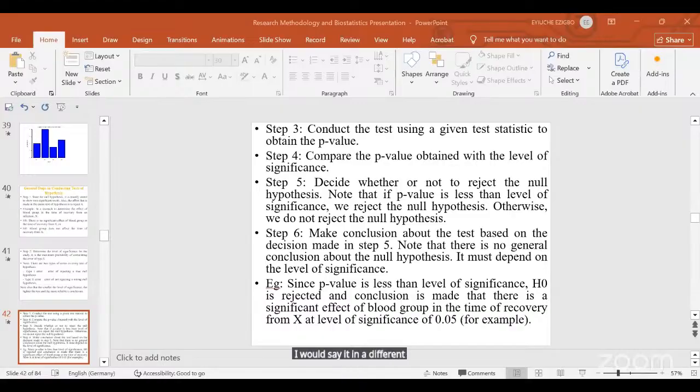If the p-value is less than the level of significance, it means there is significance, which is in favor of the alternative hypothesis. But if the p-value is greater than the level of significance, it means there is non-significance, which is in support of the null hypothesis.